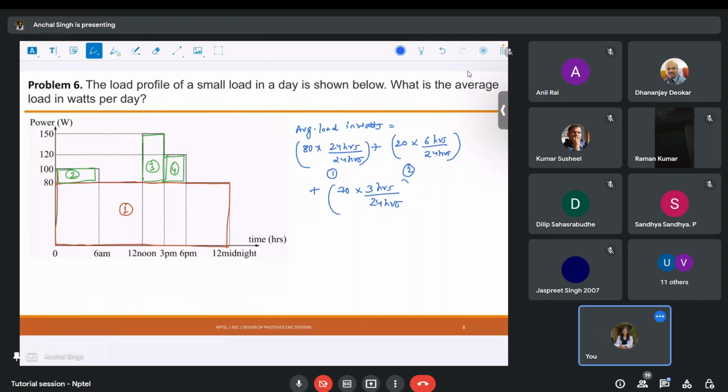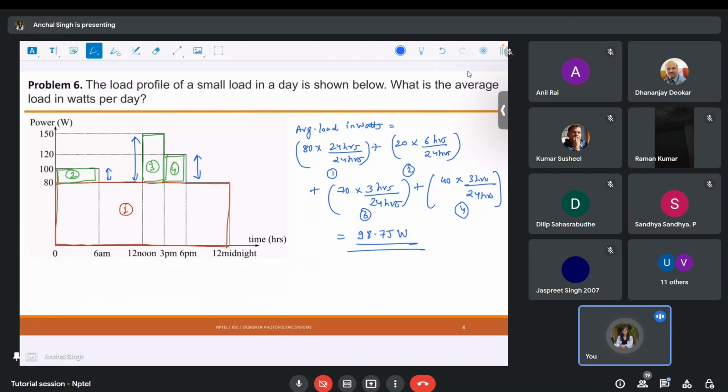And load number 4 is 120 minus 80, that is 40. I am taking these deltas because I have already considered the rest as one big load number 1. 40 into, again, 3 hours by 24 hours. So this is for load 4. If you just calculate it, your average load will come out to be 98.75 watts.